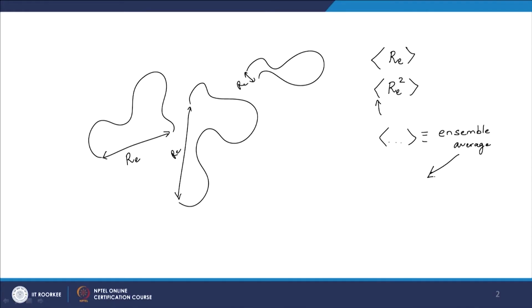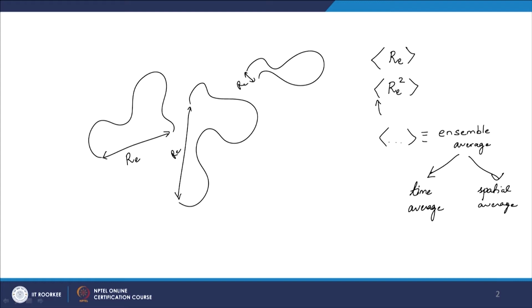We compute the RE of all the chains in the system, and then do what is known as a spatial average. Okay. So, this ensemble average can be done in two ways: a time average or a spatial average.